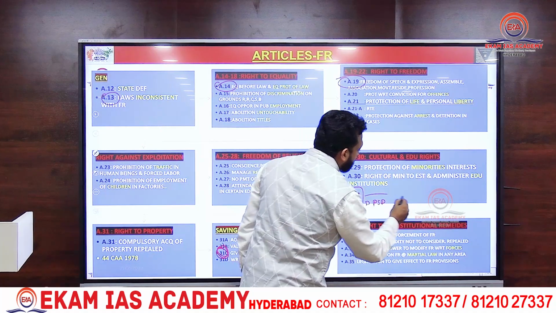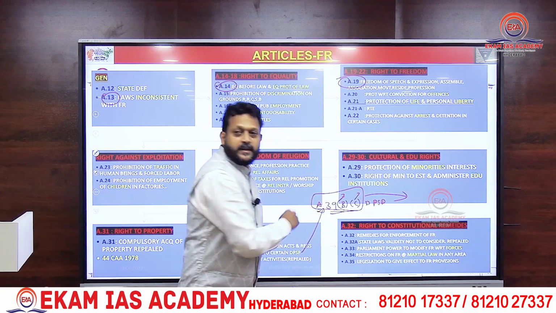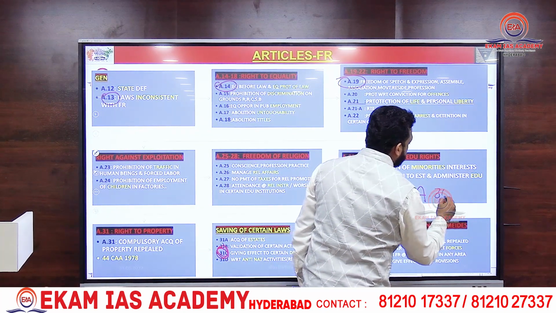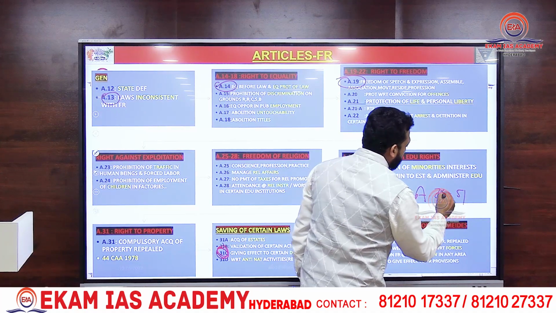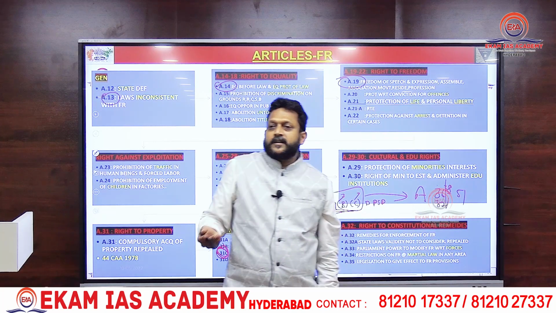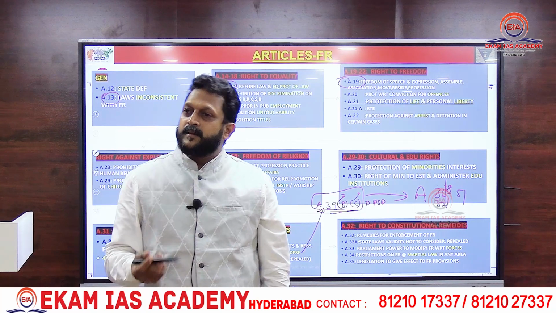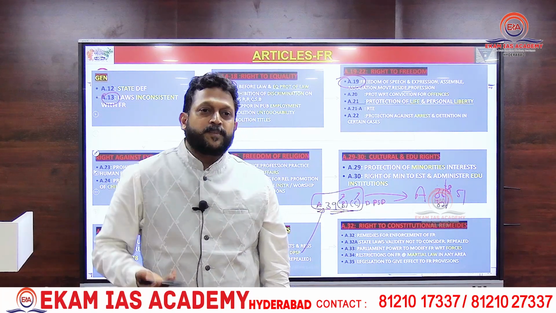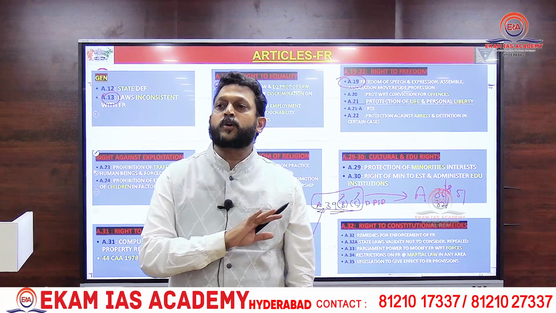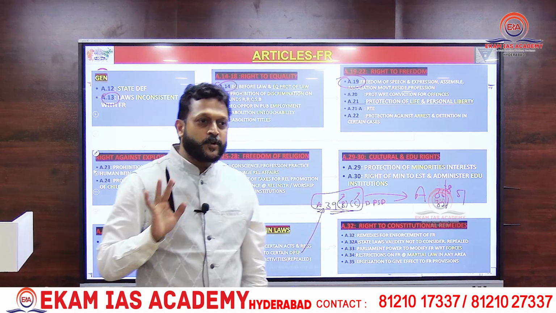Thereafter, one more amendment has come saying that not only Article 39B, C, any DPSP from 36 to 51, in fact 36, 37 are general, 38 to 50, any DPSP, if the government is implementing it, then while implementing those DPSP, if the government is violating any fundamental right, that is not void, it can be done for the implementation of a welfare state. Understood now?